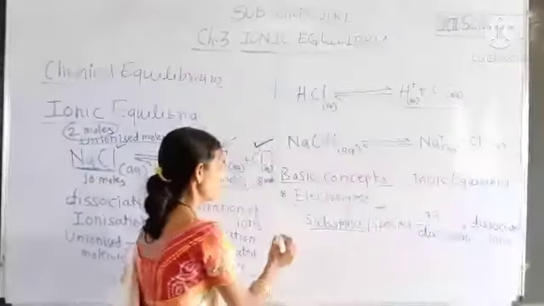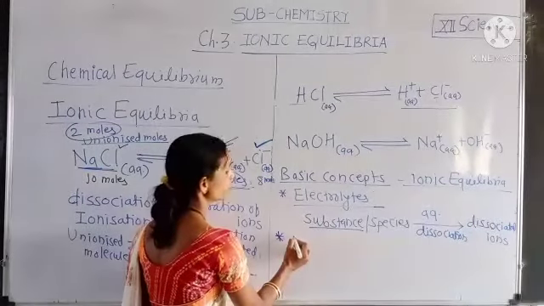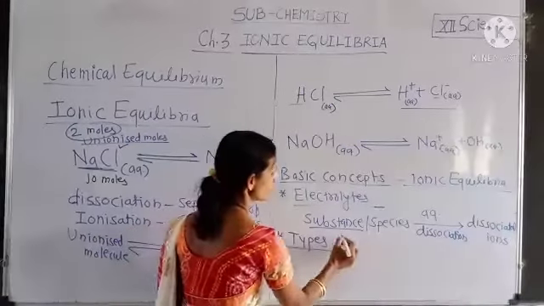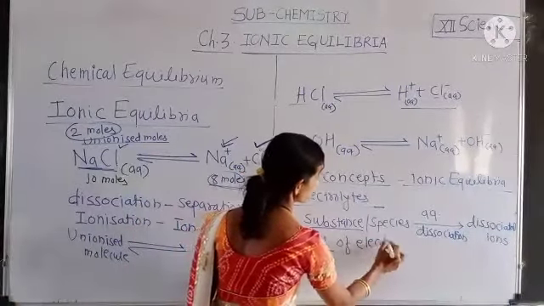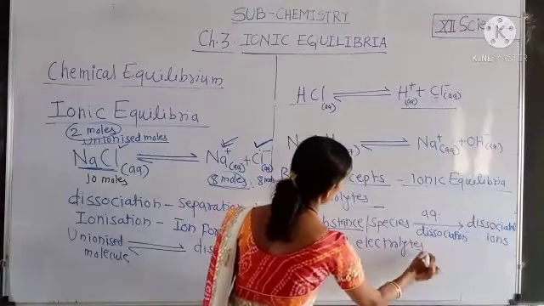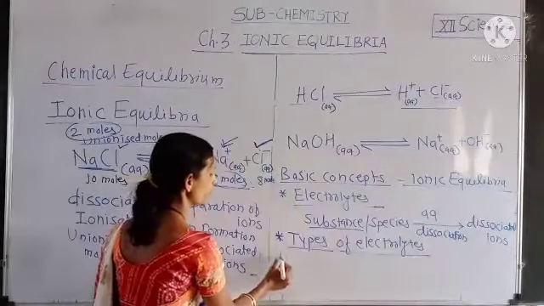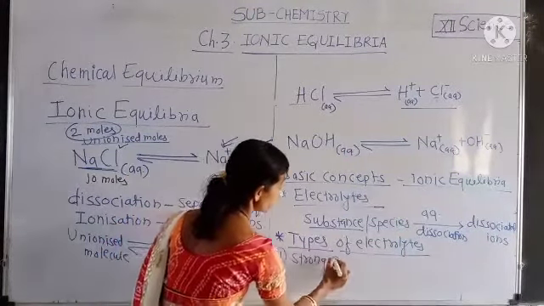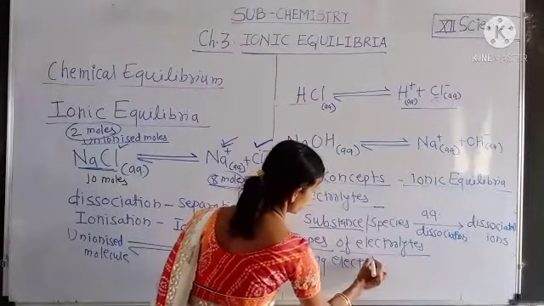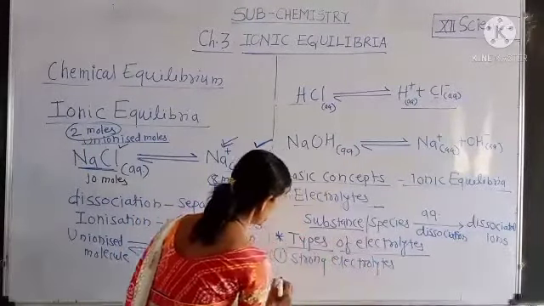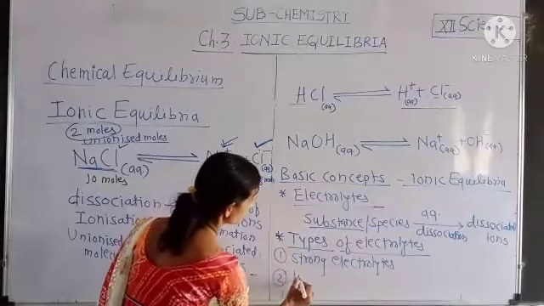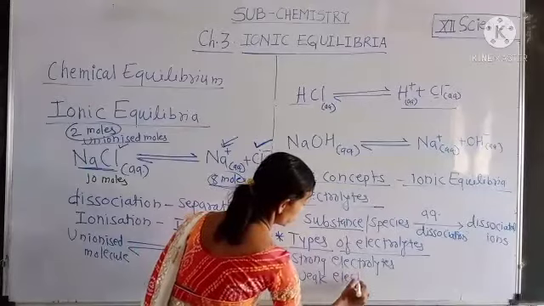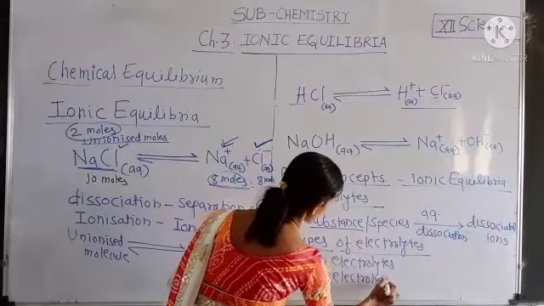Then see here, electrolytes are of different types. Now I am going to discuss with you the types of electrolytes. There are two types of electrolytes: one, strong electrolytes, and the second, weak electrolytes.